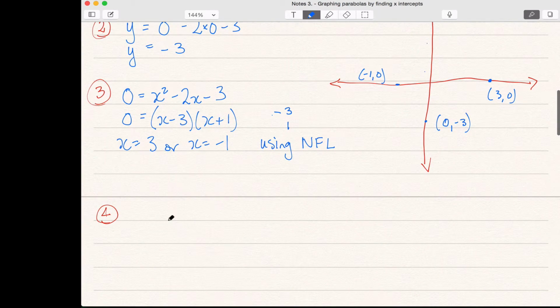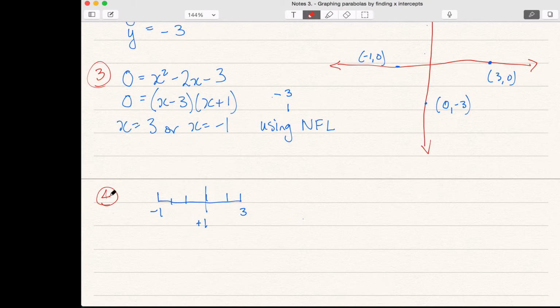You might like to look at that by drawing a number line. Negative 1 and 3, and work out what the halfway point is. It should be here, positive 1.